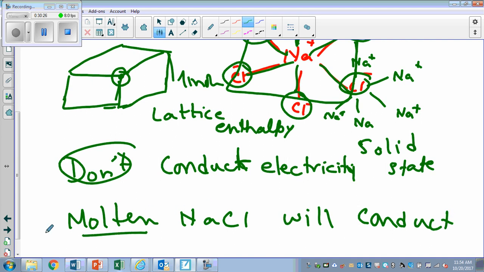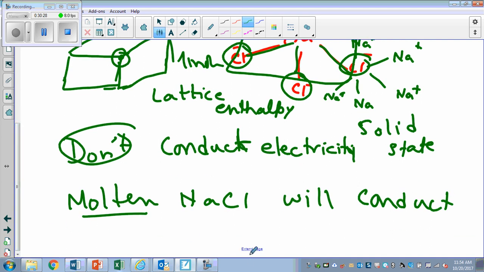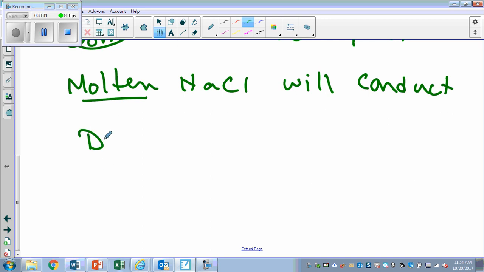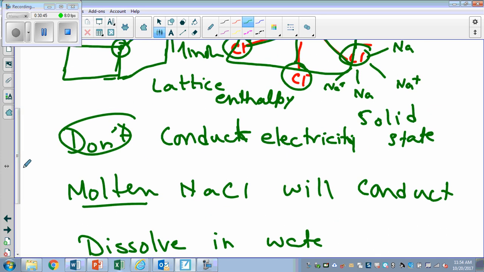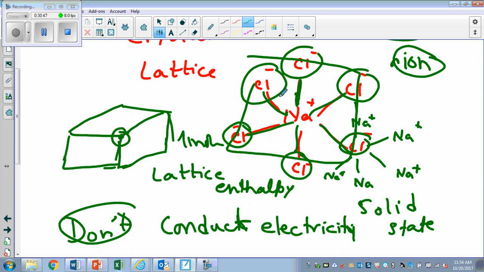Either I melt it or I dissolve it in water. When I take sodium chloride and put it in water, the H2O will split this ionic lattice into individual ions.